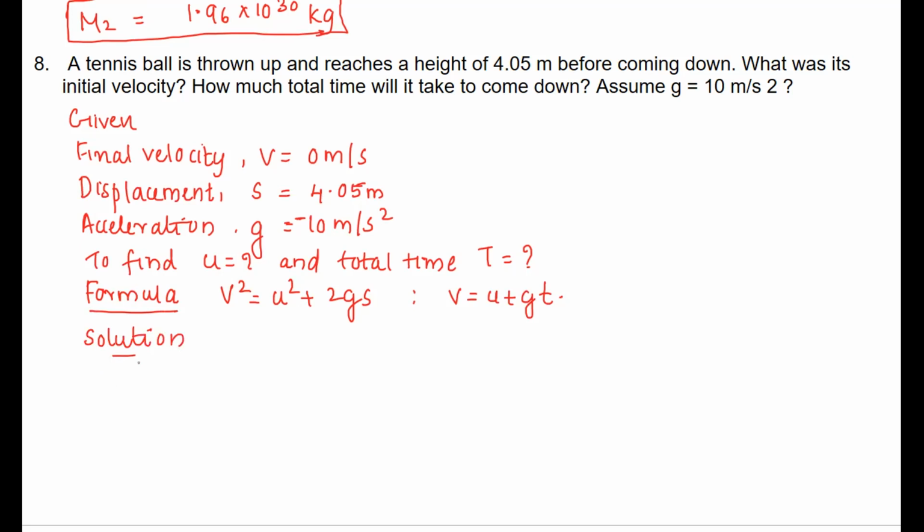Now we'll substitute the values in the equation. We will get the solution, that is v square is equal to u square plus 2gs. v is 0. 0 is equal to u square plus 2 into minus 10 into s, which is 4.05.